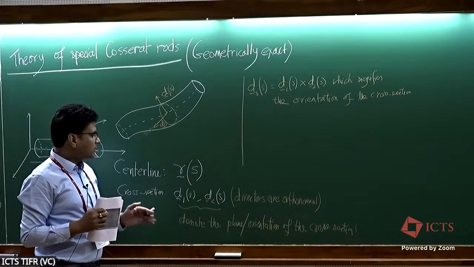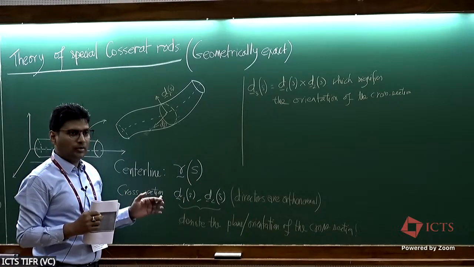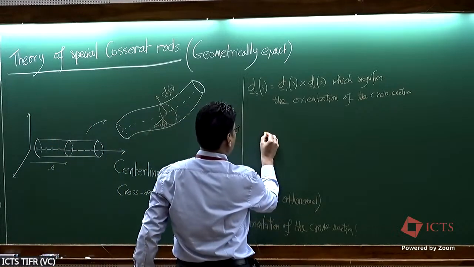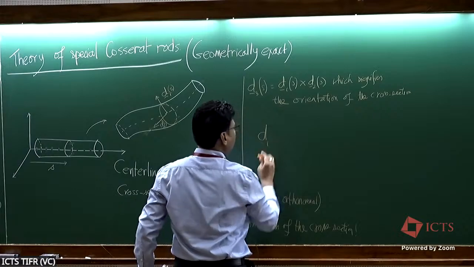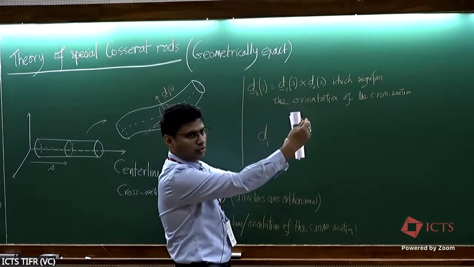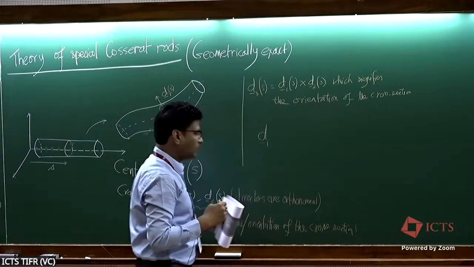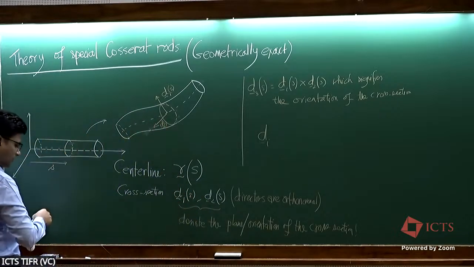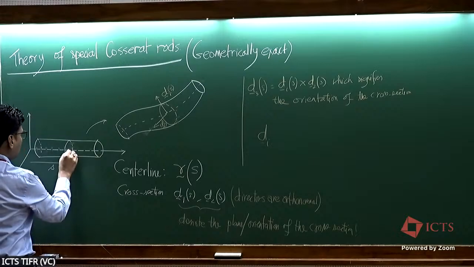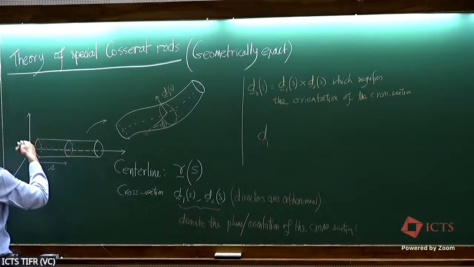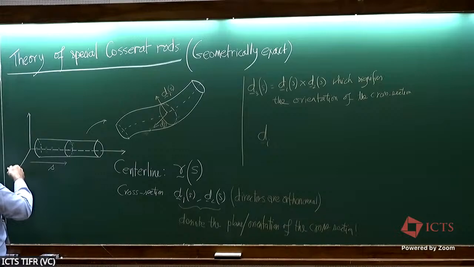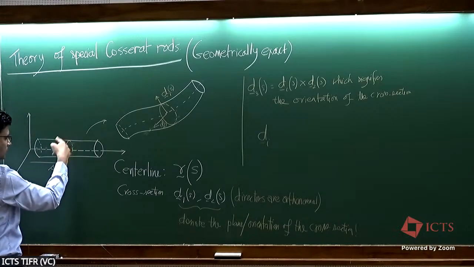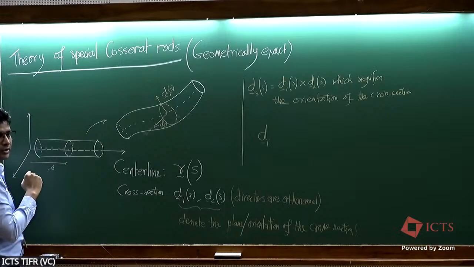Now, the fact that the directors are orthonormal, you can think of it as a map from one orthonormal basis to another orthonormal basis. So there will be a pre-image of these directors over here. And they could actually also be aligned with the coordinate axis, or it could signify the principal axis of the cross-section.